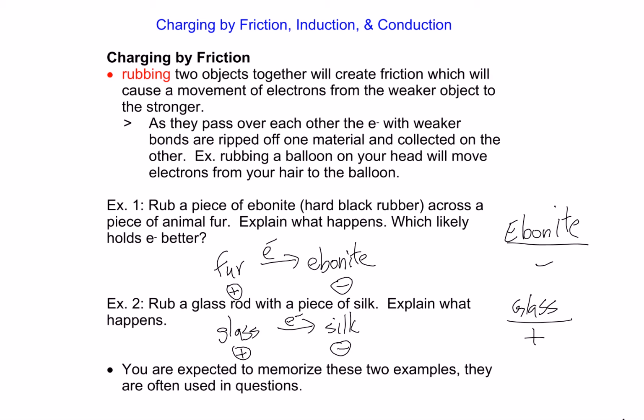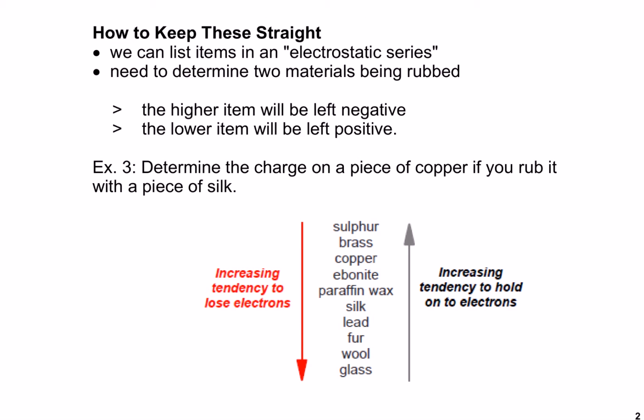So we need to remember those, and a good way to answer these questions is by using this little chart to help you compare. Anything that's higher on this list will gain electrons, and anything lower on the list would lose electrons, so it would be positive. The things at the bottom of the list would be positive, things that gain electrons at the top would be negative.